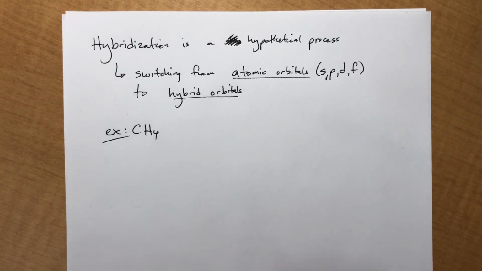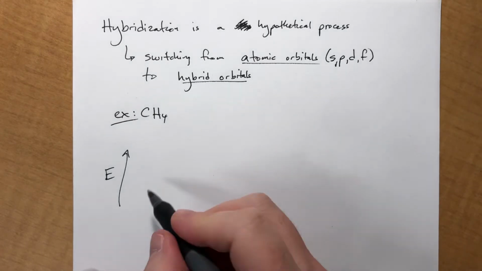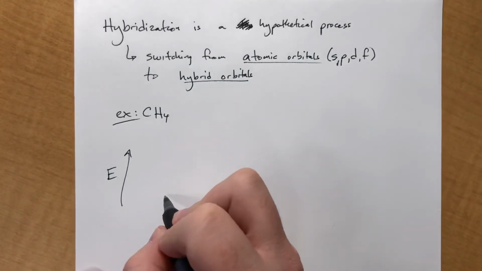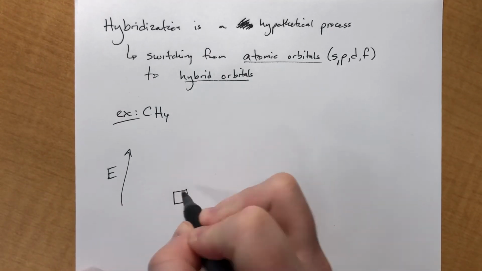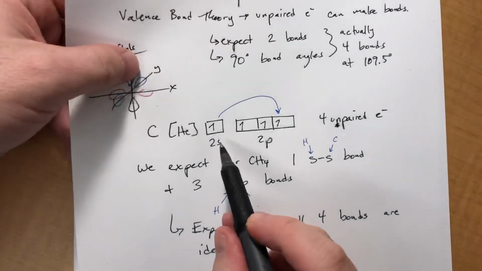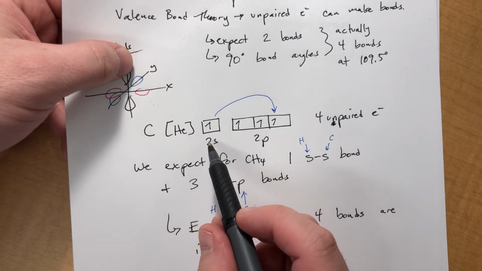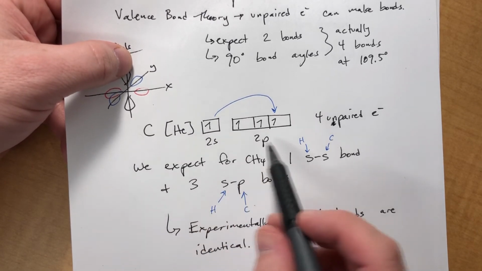Okay, so in terms of plotting things versus energy, which we don't usually do, I don't know why I drew that diagonal, sorry. Starting from this point, because we know we need 4 unpaired electrons, the s orbital is only going to have 1 electron, and it's going to be lower in energy than these 3.